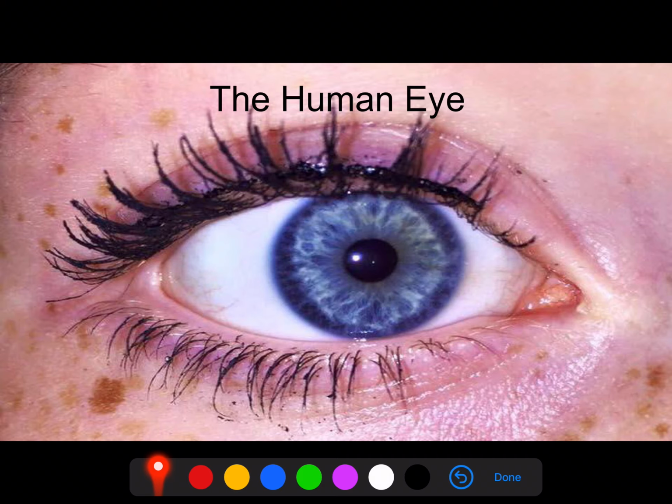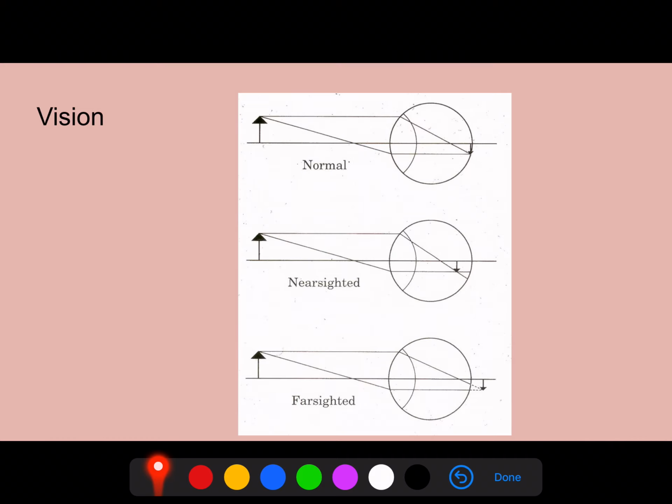So for a normal eye that has what we would call 20/20 vision, when light enters the lens, it is refracted perfectly so that the image forms right on the retina of the eye and then can send a signal to your brain that interprets what it is that you're seeing.